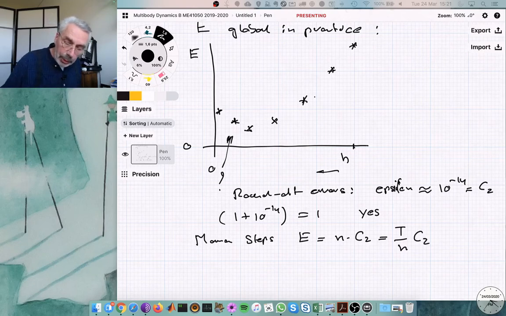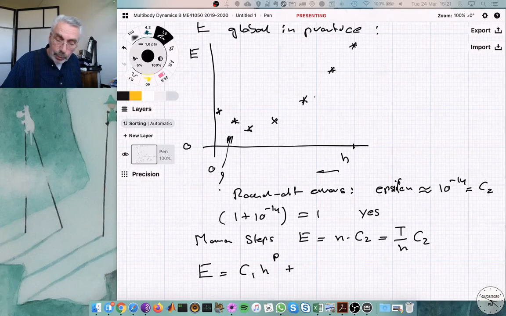Now we see that the total global error is the error which you make in your system, a systematic error, C H to the power p, which has to do with Euler or Heun or whatever, but also the round-off error. So this is the method error, and this is round-off, and the round-off error is you could say C2 over H. I now put a T into the C2.